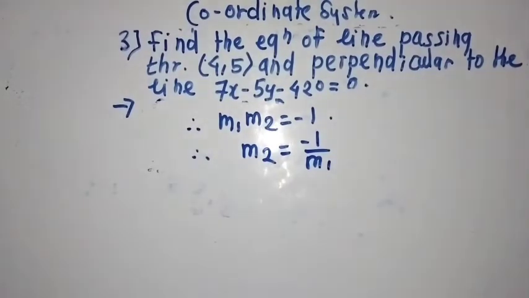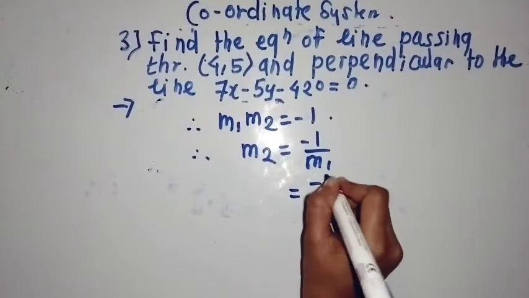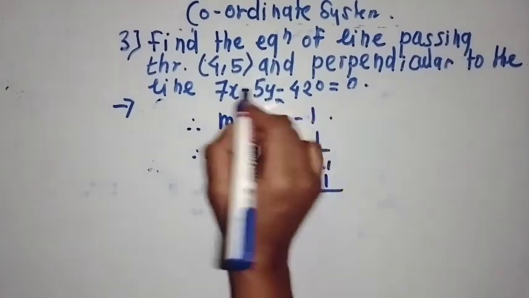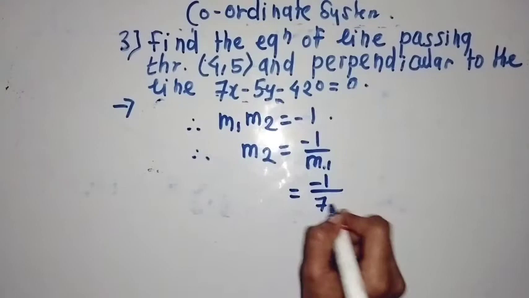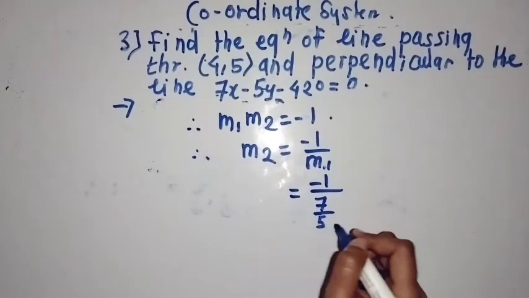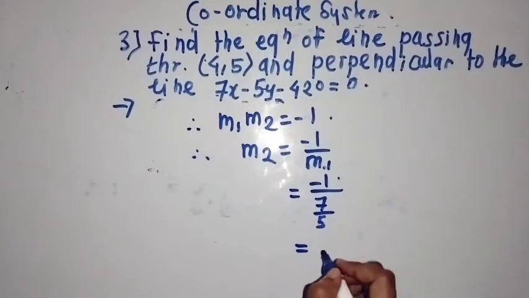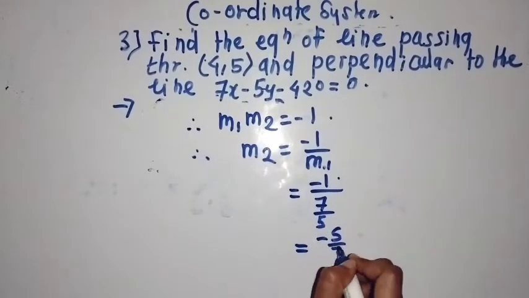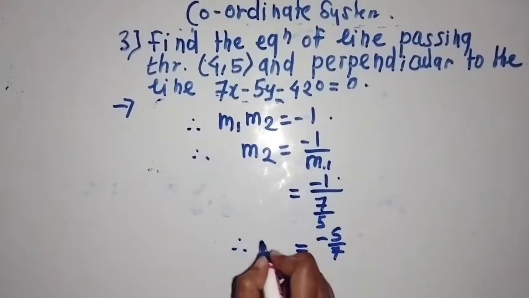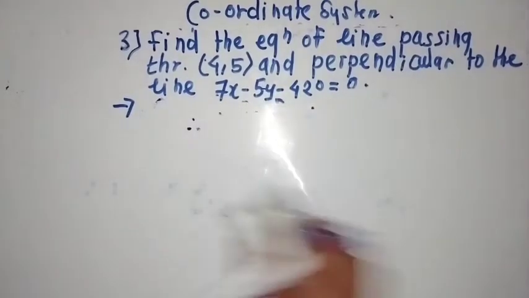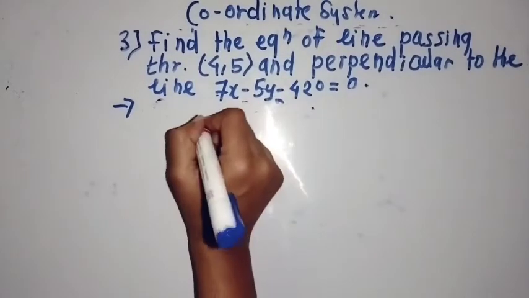But here we found m1 is 7 upon 5. Hence we get minus 1 upon this, which is minus 5 upon 7. Hence m2 is equal to minus 5 upon 7.